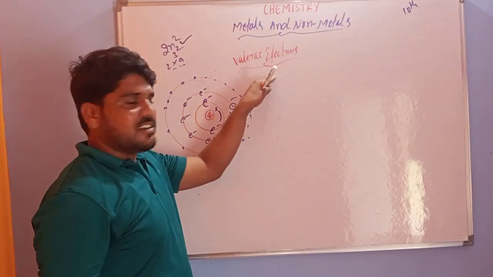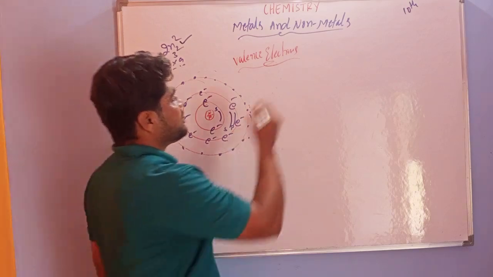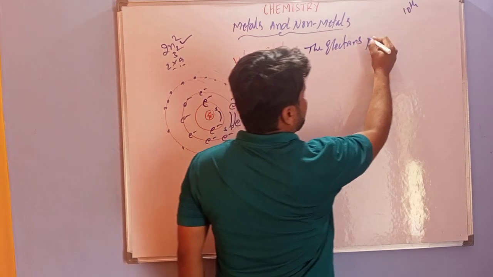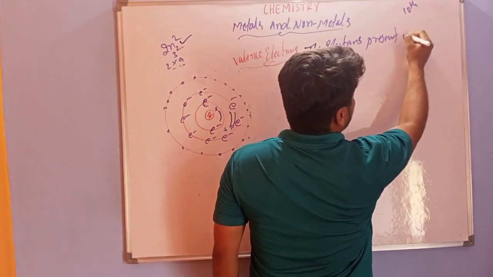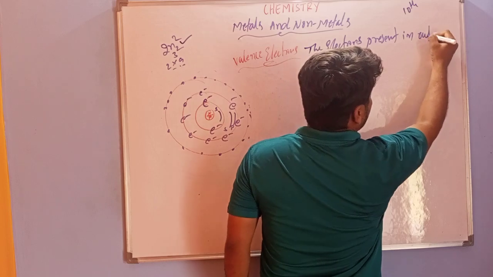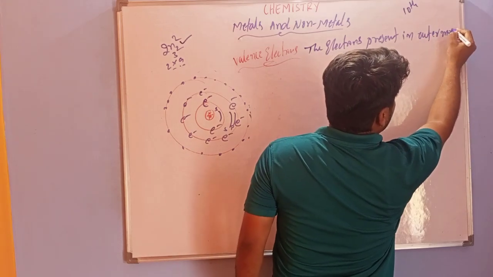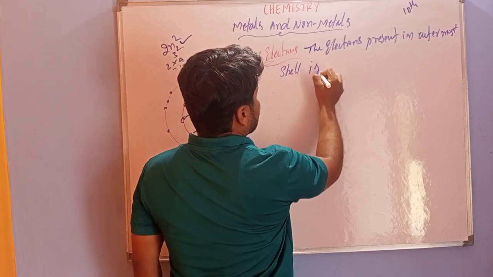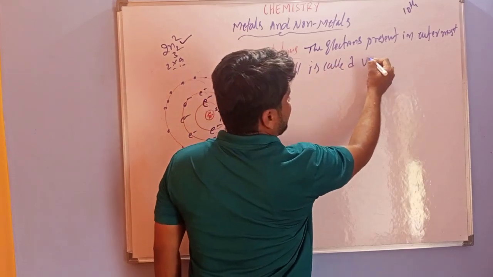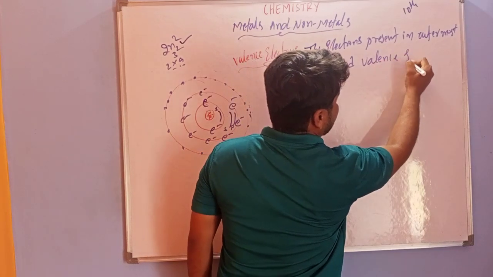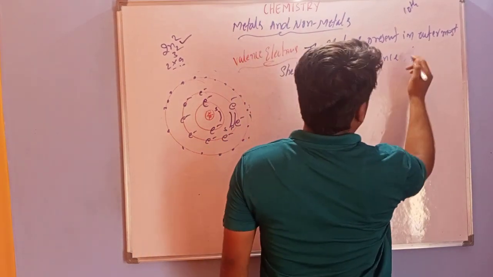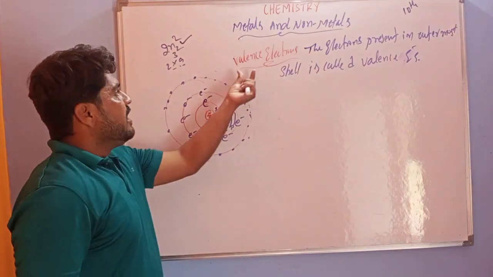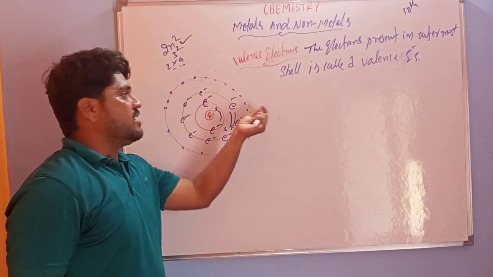The electrons present in the outermost shell, that is called the valence shell. Valence electrons. Okay. Now valence electrons we have to represent in the structure.